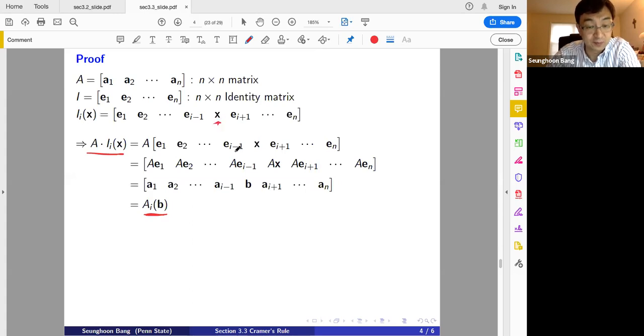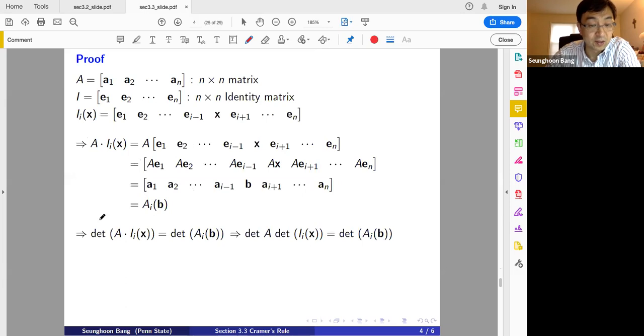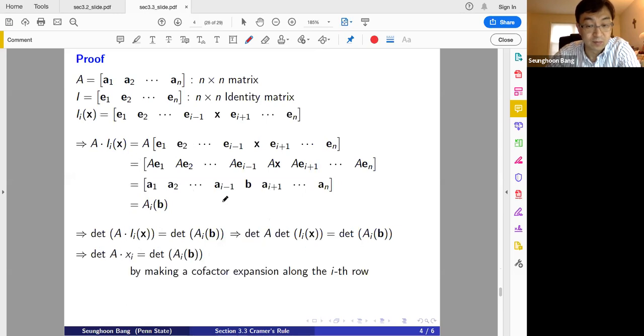Now we can take the determinant of both sides and distribute the determinant. So we have the determinant of I_i(x) here.